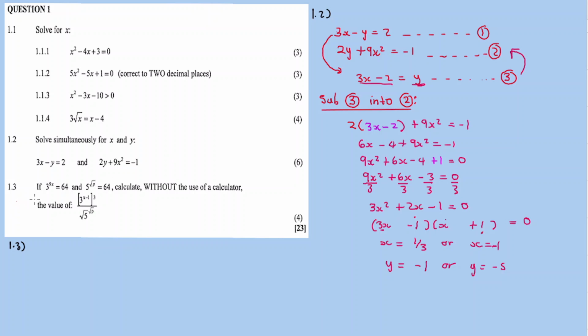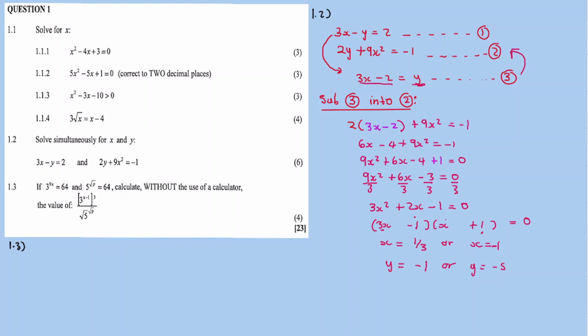Now 1.3, if 3 raised to exponent 9x is equal to 64 and 5 to the exponent of square root p is equal to 64, calculate without the use of a calculator the value of this expression.